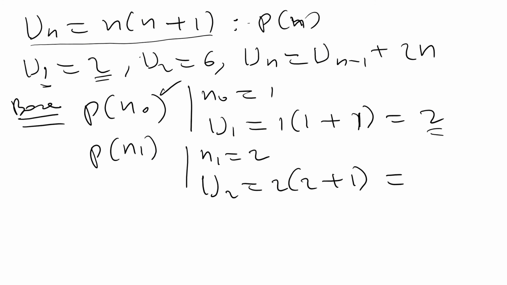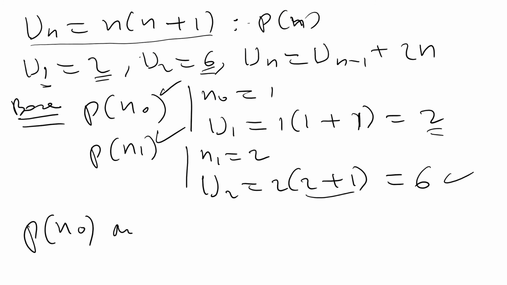This is going to be 3 times 2, which gives me 6, which is indeed u_2 that we have here, that's given. So again, this is true. Therefore P of n0 and P of n1 are true, right?